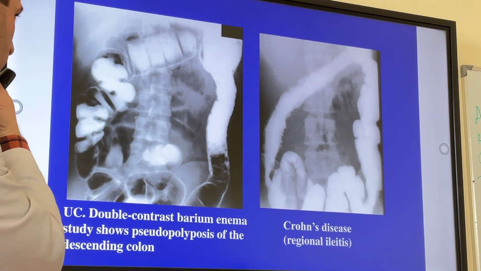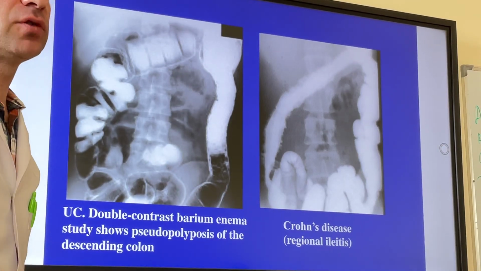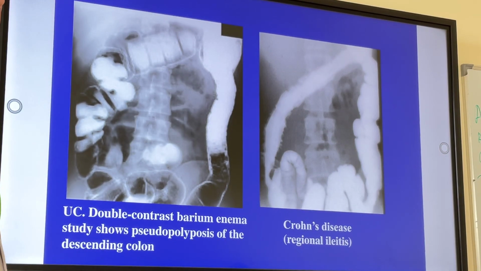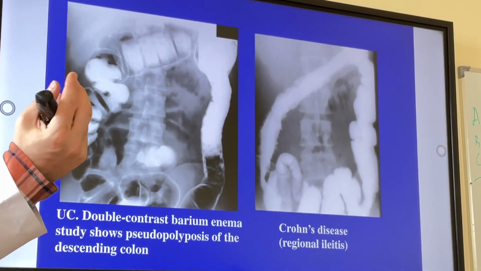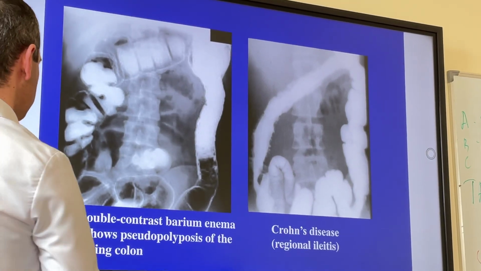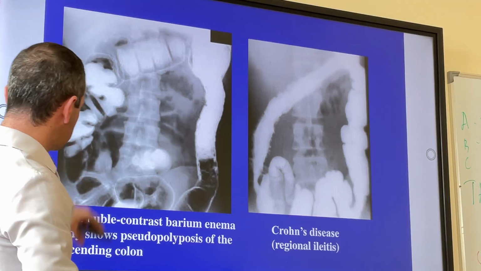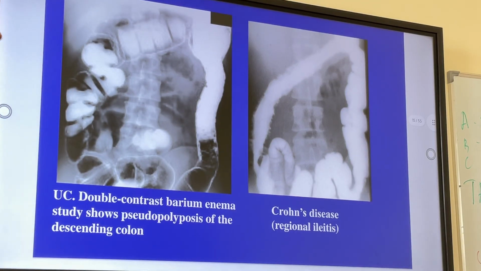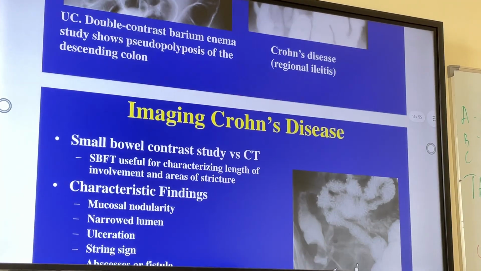Ulcerative colitis, look. Double contrast is a method where you use barium and air. It is double contrast, it is enhancing. And the barium study shows pseudopolyps in the descending colon. Yes, false polyp formation.